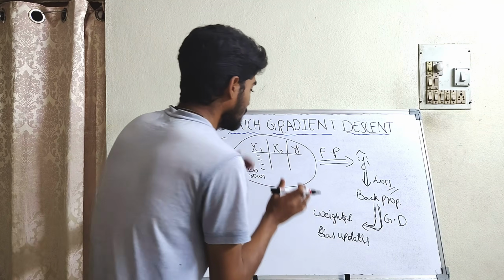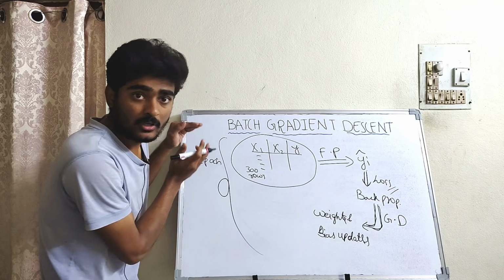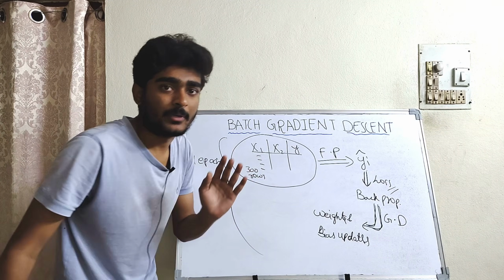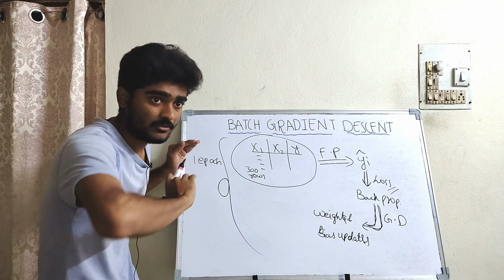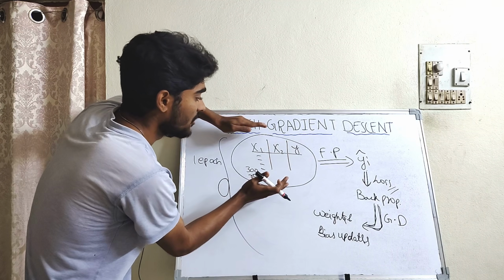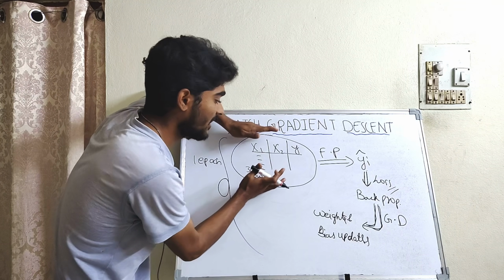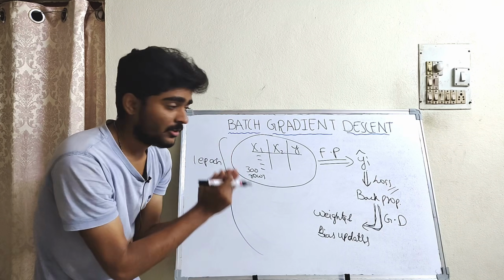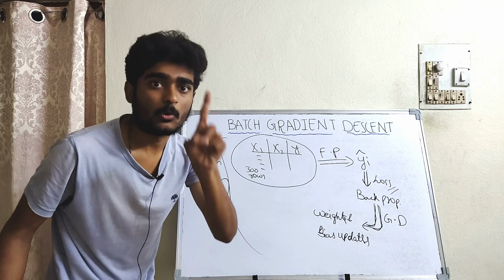Now, why is it called batch gradient descent? In one epoch, that is one forward propagation and one backward propagation step, you're considering your entire data as a single batch. You do the forward and backward propagation on that data and update your weights and bias parameters only a single time.